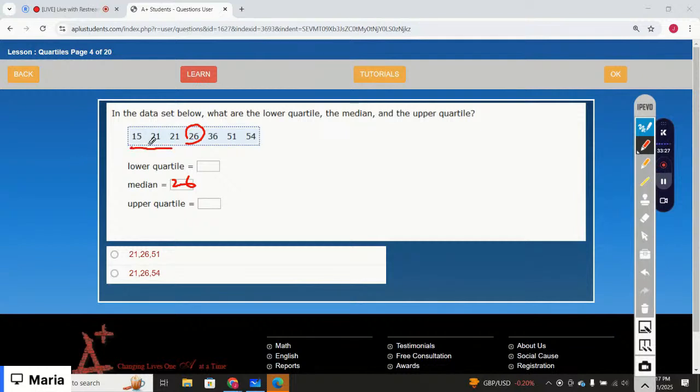The lower half is 15, 21, 21. The lower quartile is 21. The upper quartile is 51.